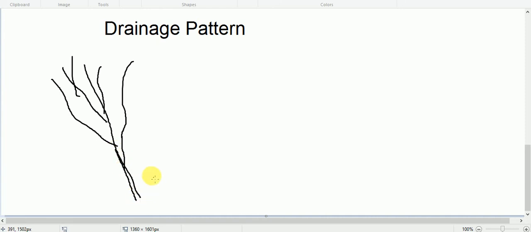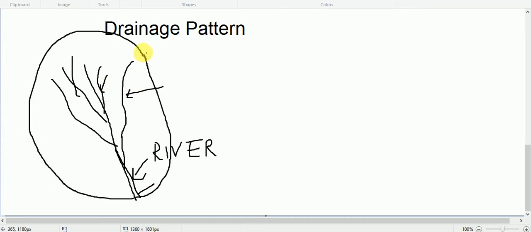In this case, this river with the tributaries takes the shape of a tree. See, these streams, these tributaries look like branches of a tree. Let us say this is the tree trunk, and these are the branches. So all together, it looks like a tree.